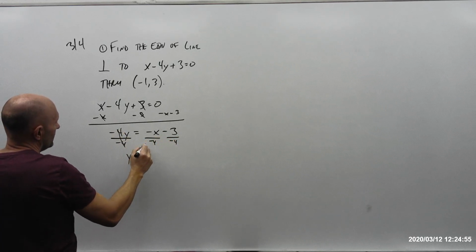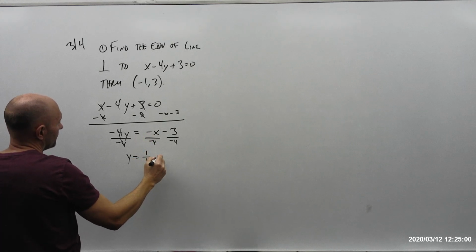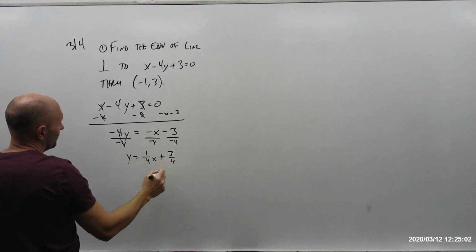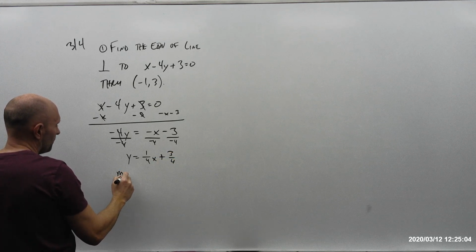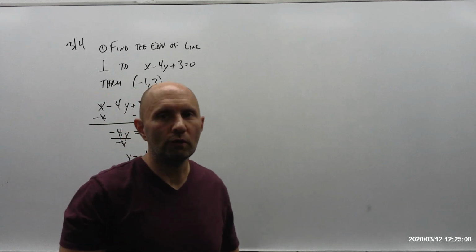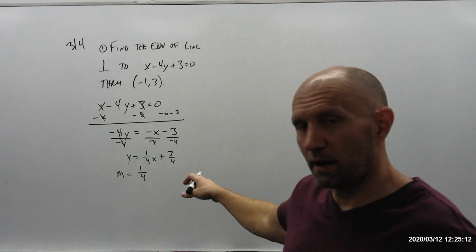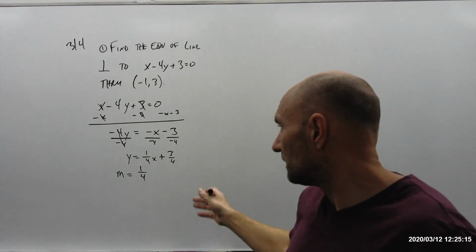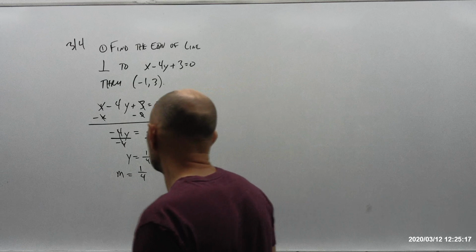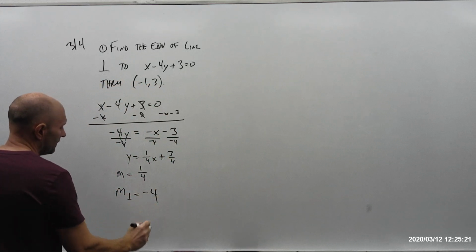And I get y equals negative over negative is positive, so 1/4 x plus 3/4. So the slope of this line is positive 1/4. So the negative reciprocal is what? Well, positive switches to negative, 1/4 becomes 4/1. So the slope of the perpendicular line becomes negative 4.